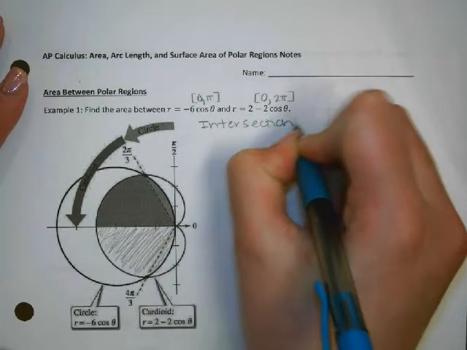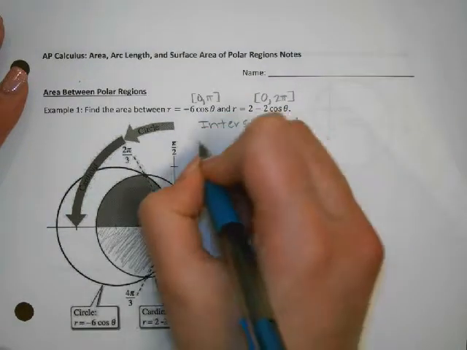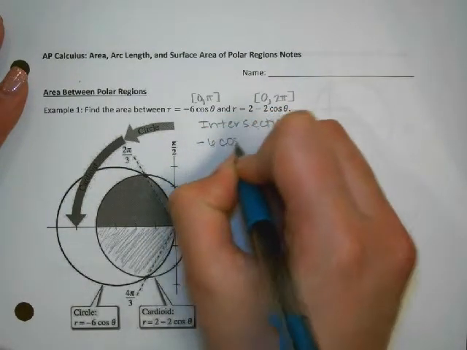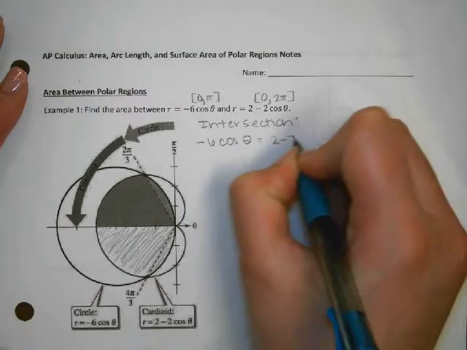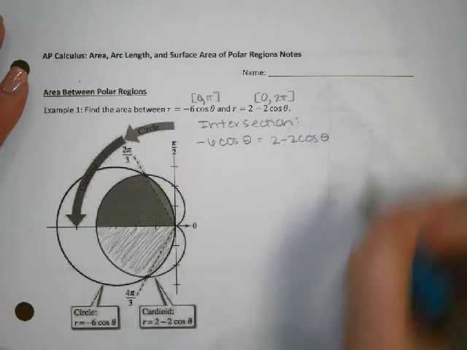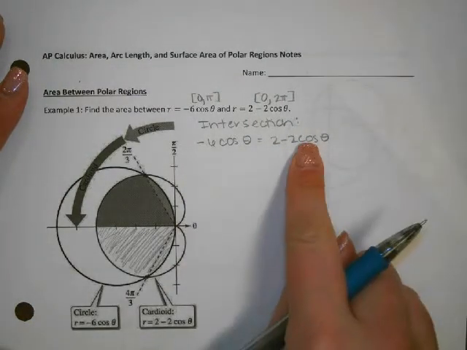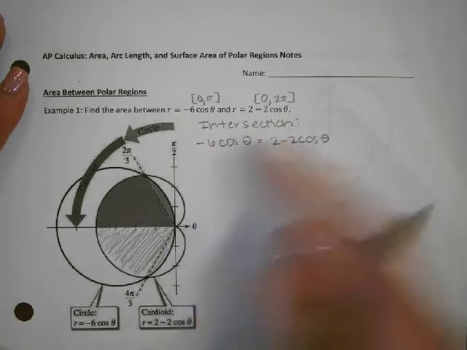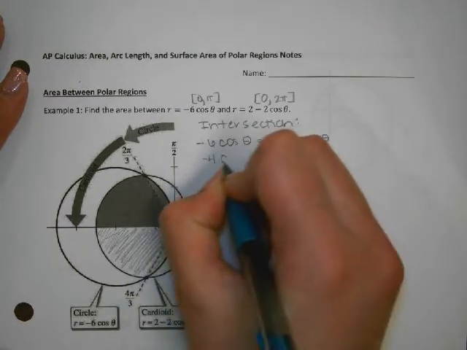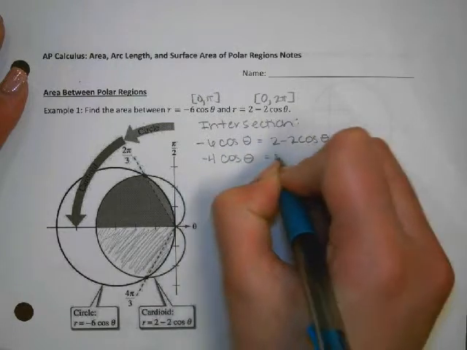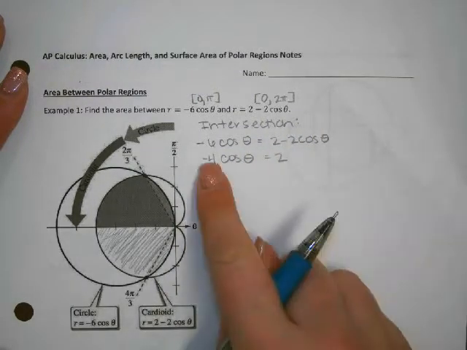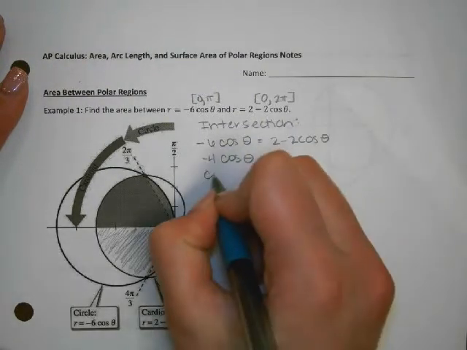So to find the intersection, I'm going to set the two equations equal to each other. And so I'm going to take that 2 cos theta and add it to the other side. And then I'll divide by -4.